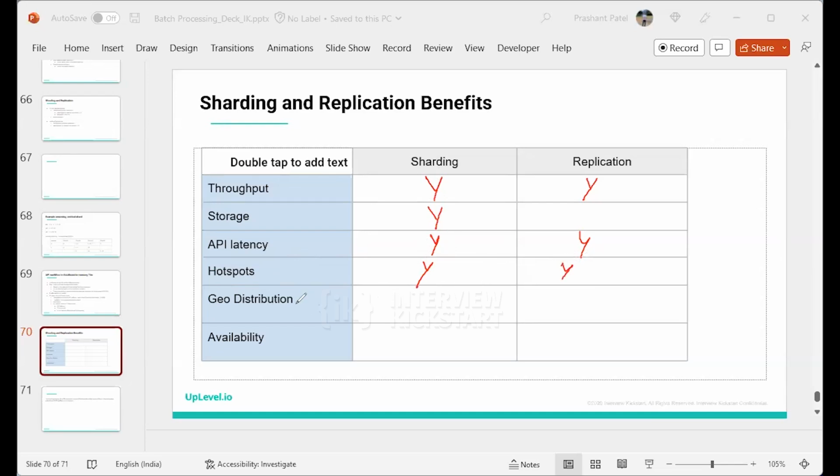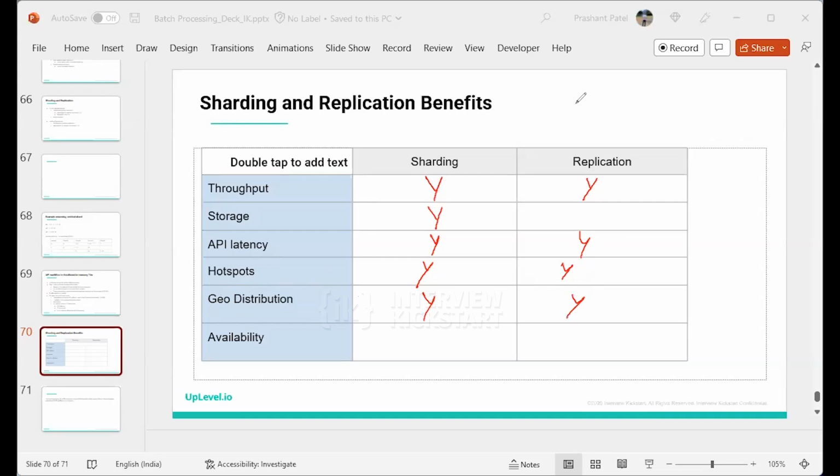Geo distribution. We did not discuss this point in our slides, so geo distribution would be important here. Sharding and replication, any positive impact? Sharding, definitely yes. What about replication?